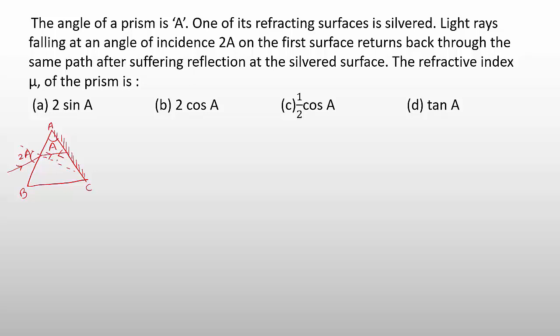Right? Now here we know the relation A equal to R1 plus R2. This equation we already studied in refractive index in terms of angle of minimum deviation and angle of prism. In that derivation we studied this equation A equal to R1 plus R2.